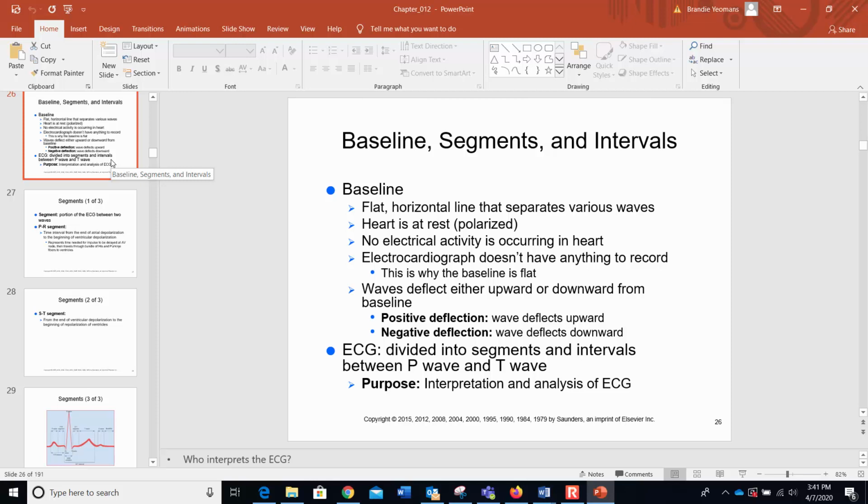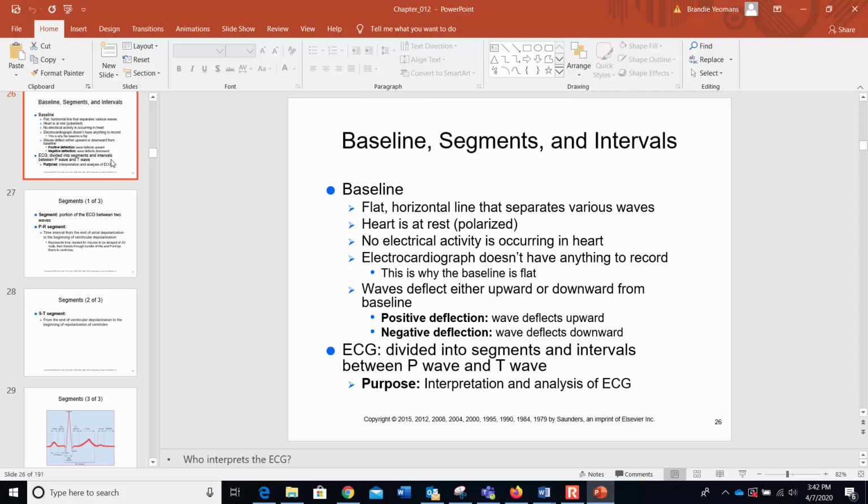So you have a baseline, and it's the flat horizontal line, and it separates the different waves, okay? It's going to show us when the heart is at rest, meaning that it's polarized. It's resting, so it's recharging, if you will. There's no electrical activity happening at this point, so there's nothing to record. There's just a flat line, okay?